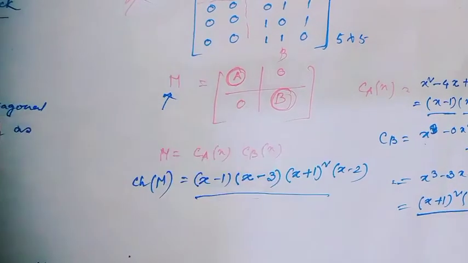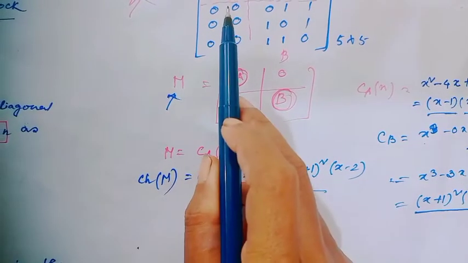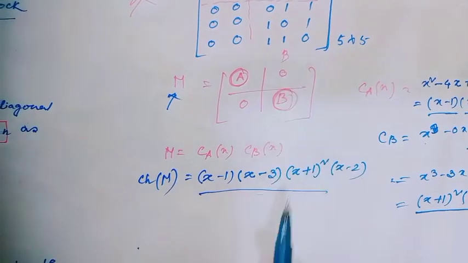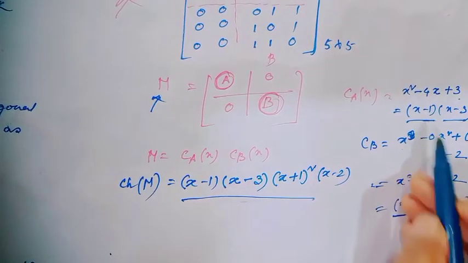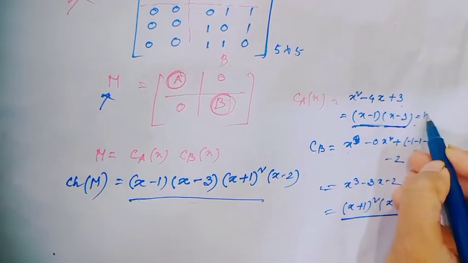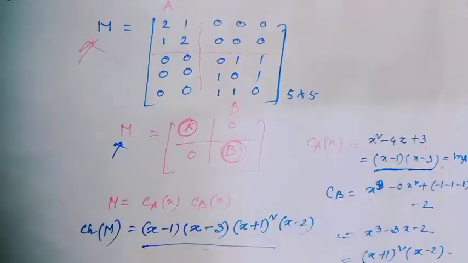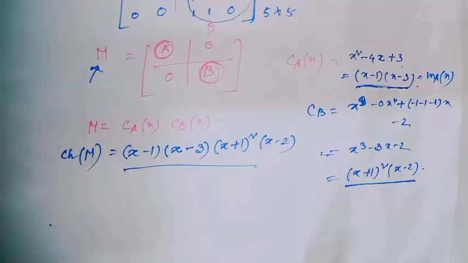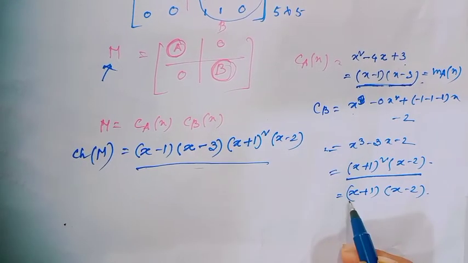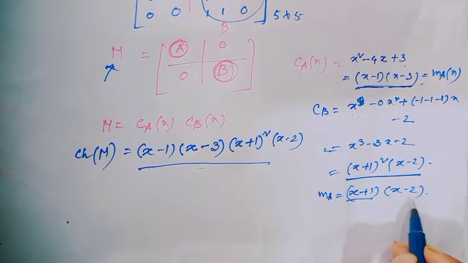See, this is the characteristic polynomial of this matrix, but the minimal polynomial is the LCM of the minimal polynomial of A and the minimal polynomial of B. For A, since the characteristic polynomial has linear factors, this is also the minimal polynomial of A. But for matrix B, since the characteristic polynomial is (x plus 1) whole squared times (x minus 2), the minimal polynomial would be (x plus 1) times (x minus 2).